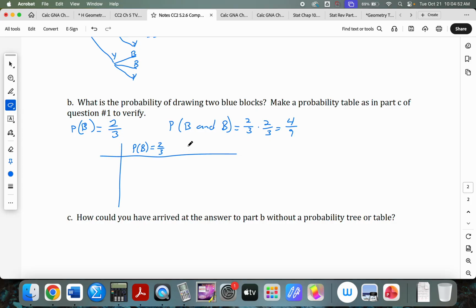And what's the probability that you get a yellow? 1/3. And on the second draw, the probability of getting a blue is still 2/3. And the probability of getting a yellow is 1/3.